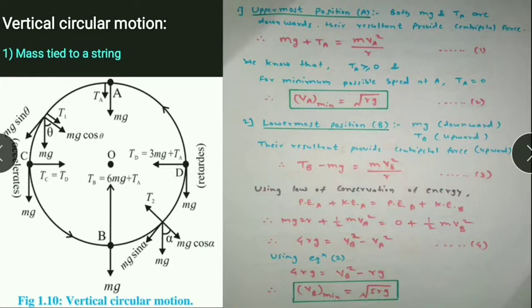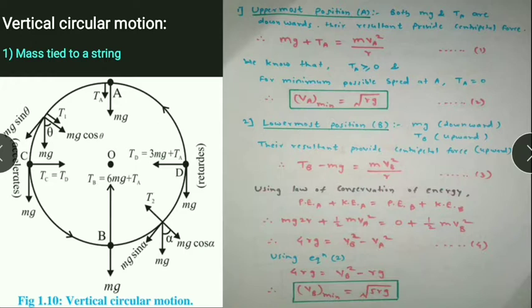Now using law of conservation of energy, potential energy at A plus kinetic energy at A is equal to potential energy at B plus kinetic energy at B. Potential energy at A is equal to mg into 2r plus kinetic energy half m Va square, and potential energy at B is 0 and kinetic energy is half m Vb square.